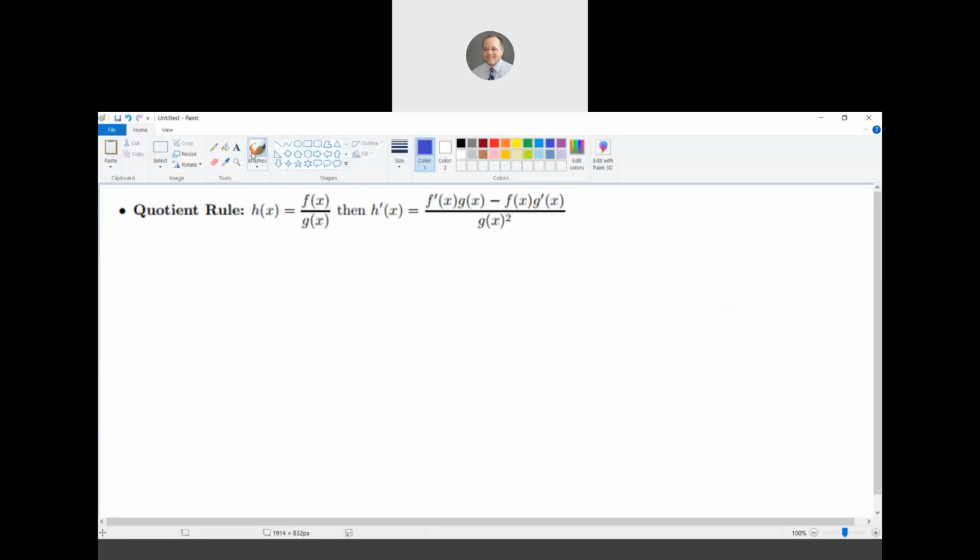Okay, given this function, h of x equal to e to the x plus 2 all over tangent, we need to find the first derivative.